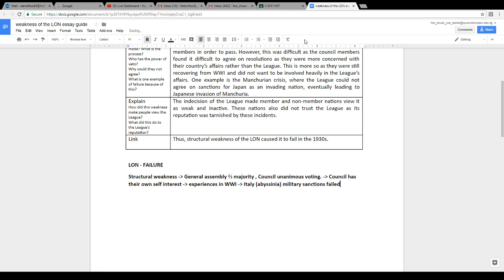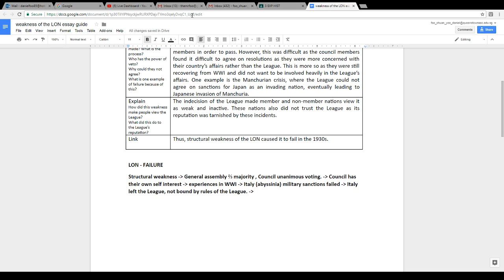Because they were weak, they couldn't agree. They couldn't pass the sanctions because they needed a two-thirds majority and unanimous voting. Hence, Italy was free to invade Abyssinia. And what happened after that? When Italy was unhappy with the League, Italy just left. And when you leave the League, you're not bound by the rules of the League. Okay?